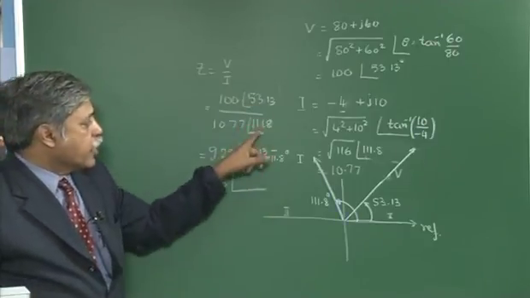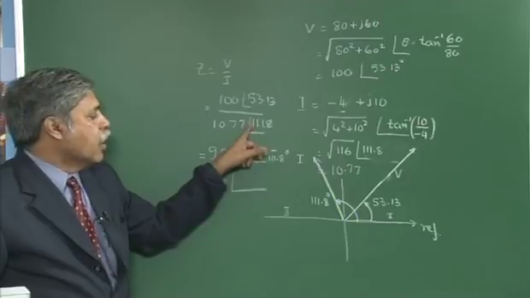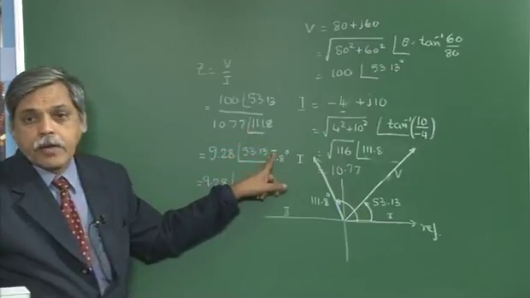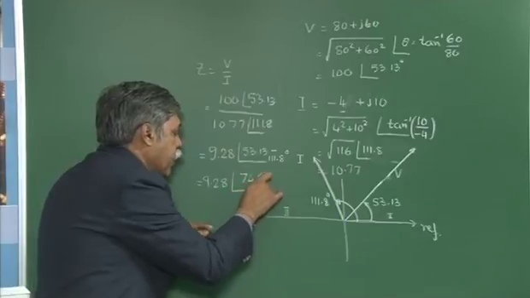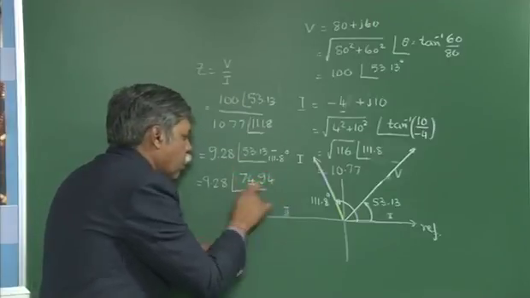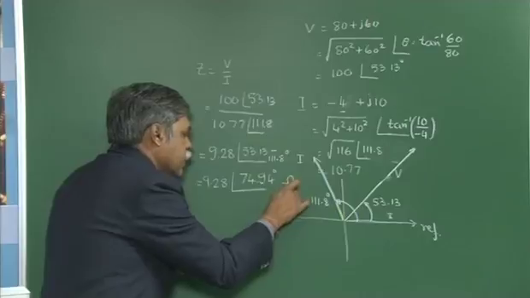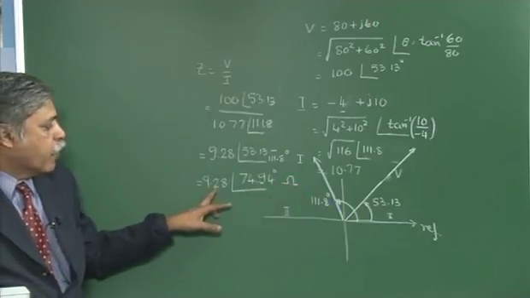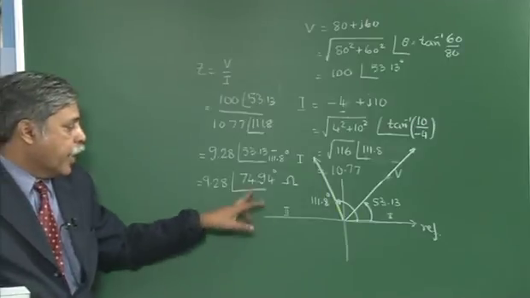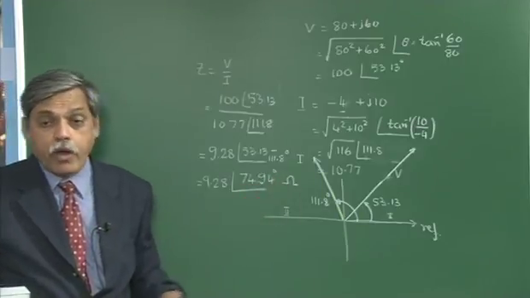While taking the difference, you can see this is a positive angle, therefore I will get a minus sign here. So this will give you an angle of 74.94 degrees, and the units are ohms. So the impedance here is 9.28 ohms at an angle of 74.94.